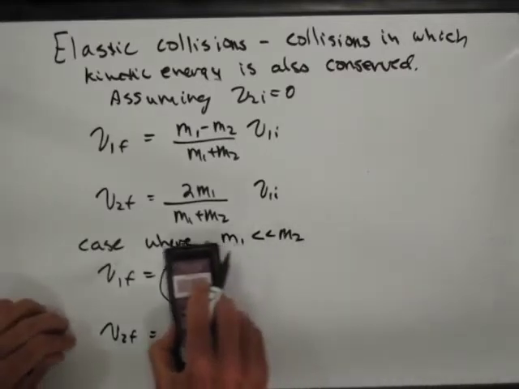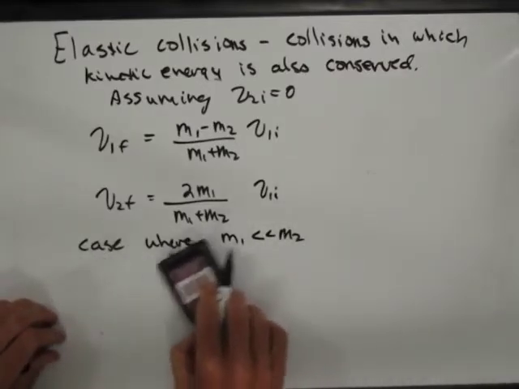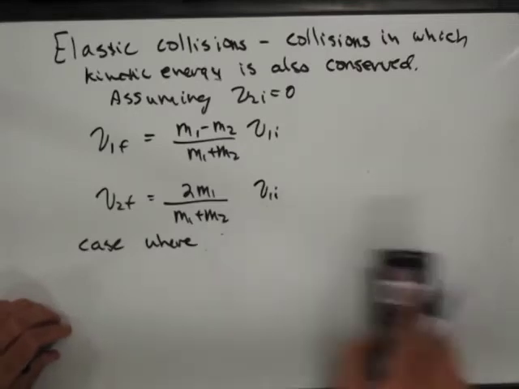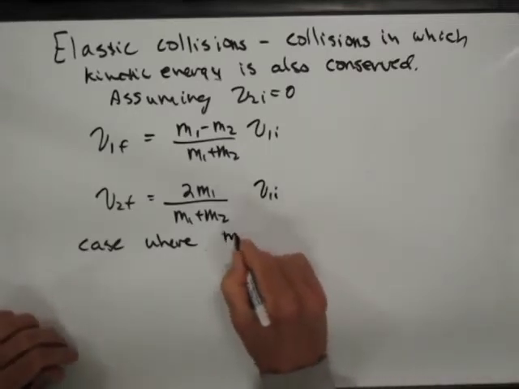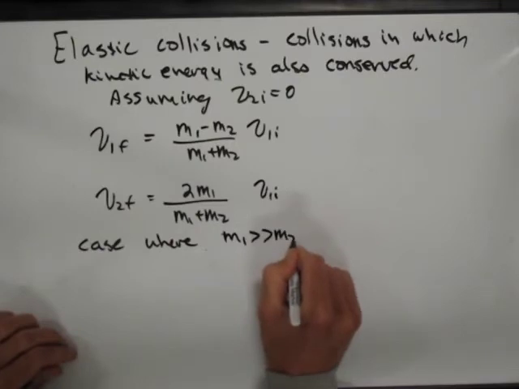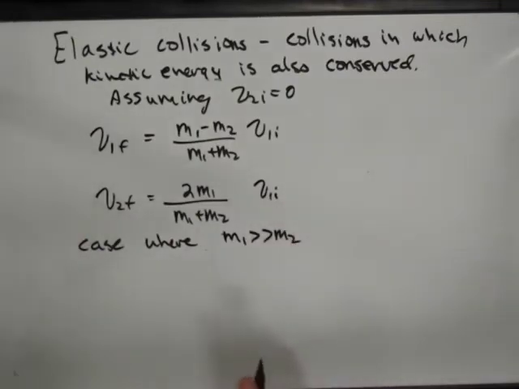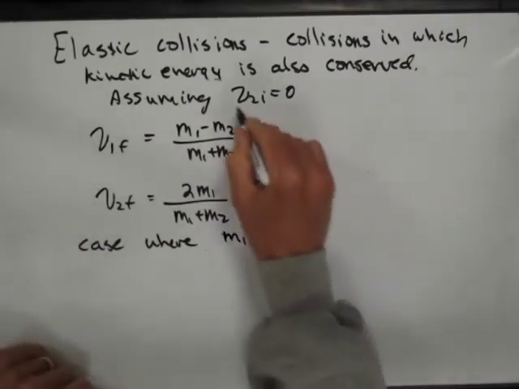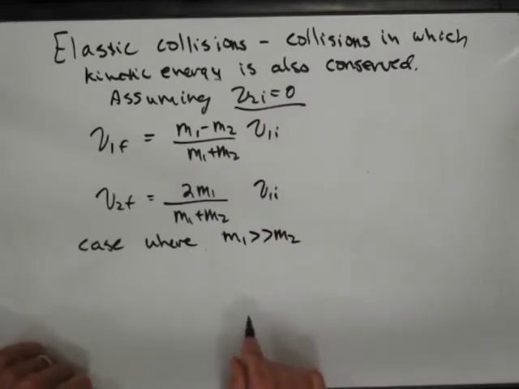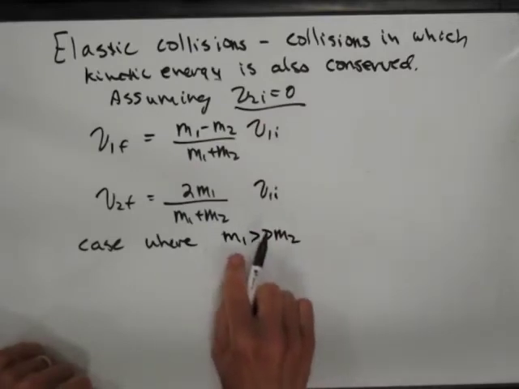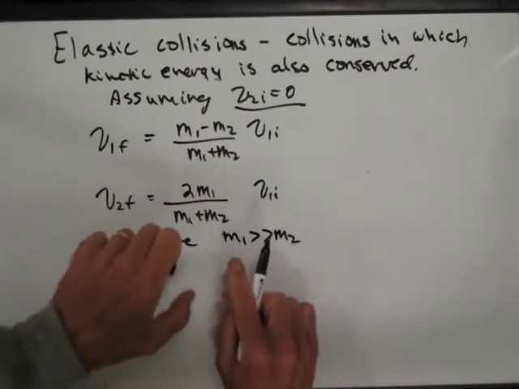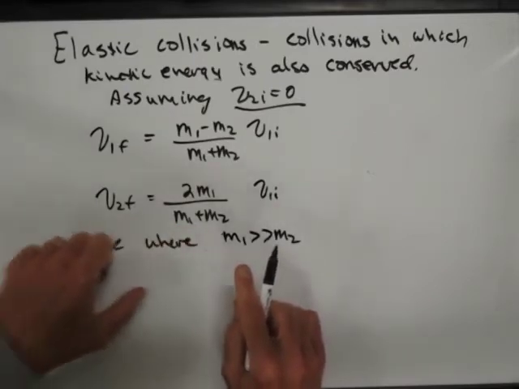Finally, let's look at the case. This is the least clear one, I think. But let's look at the case where m1 is much, much greater than m2. Again, these are our formulas for elastic collisions where object 2 starts out at rest. So now we have a really supermassive object coming in, and it hits another object. And so what do you think happens to it?